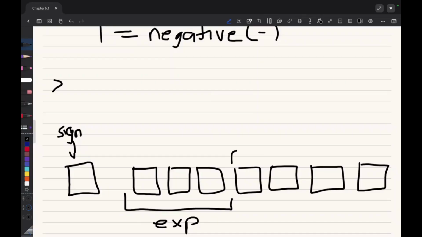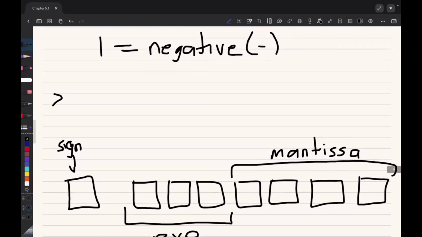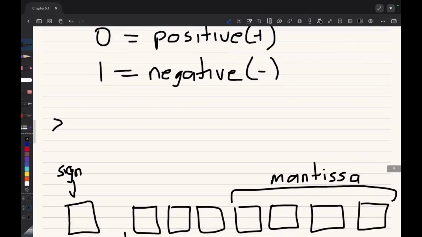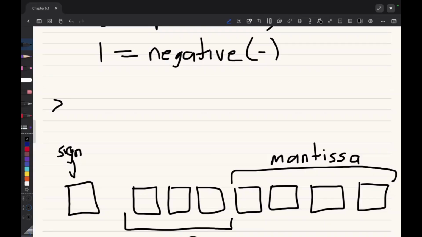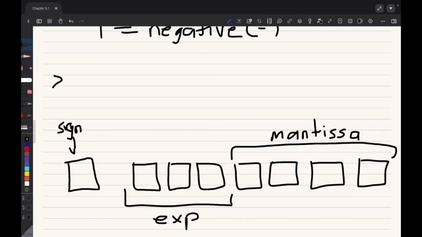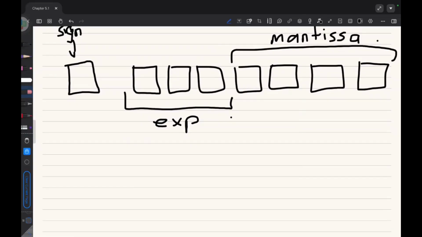And then the last 4 bits are our mantissa. So you take the sign and then the left 7 bits, you divide them into 2 groups, the exponent and the mantissa.